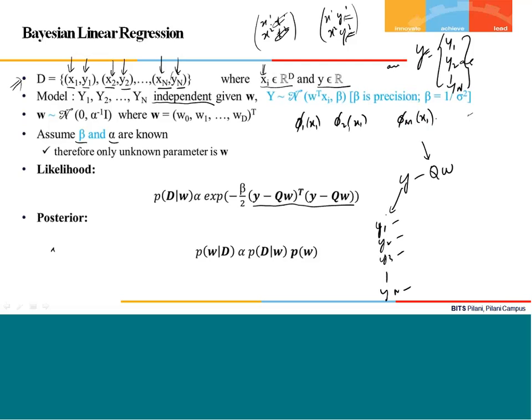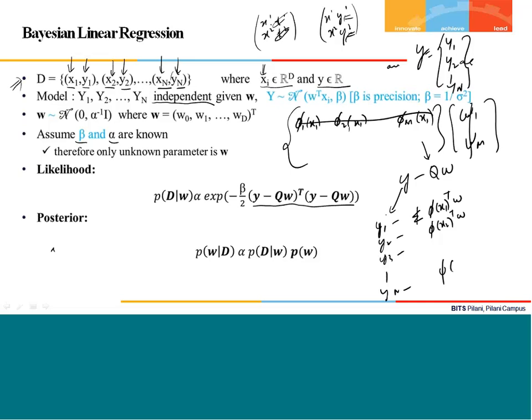So this is x1 again, the same thing I explained previously, and this is the w vector, W1 to Wm. When I multiply this with this, I get the hypothesis: phi x1 transpose W. Similarly, I get phi x2 transpose W, and likewise phi xn transpose W. So this is the difference for the first sample, and this is the difference for the second sample.